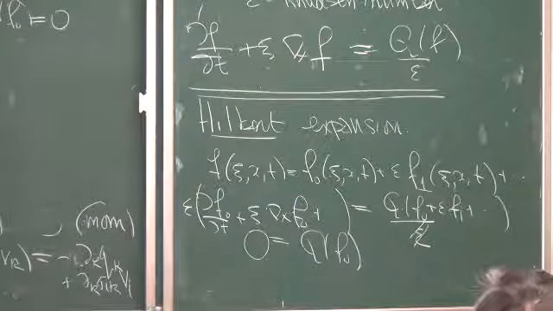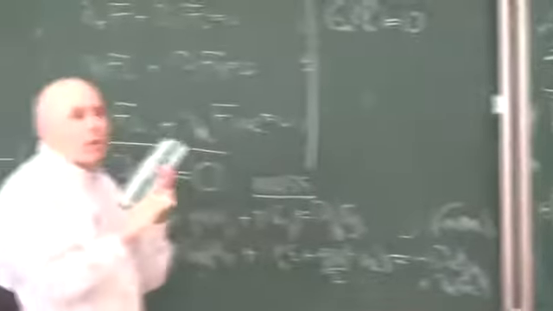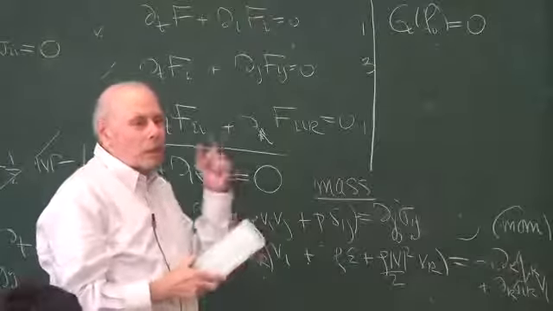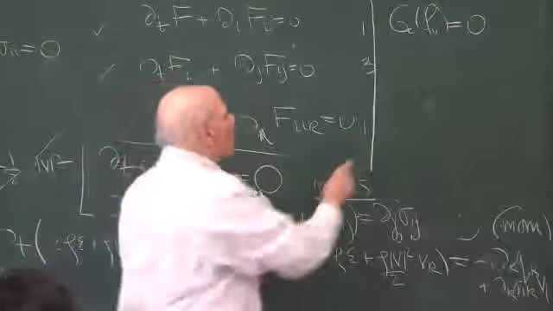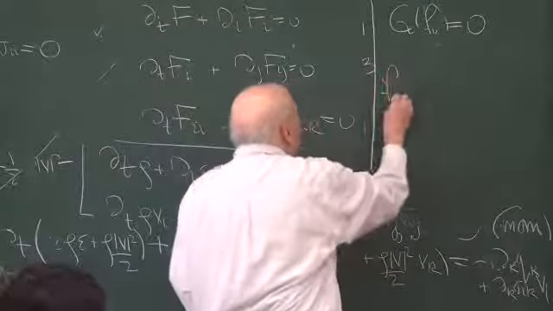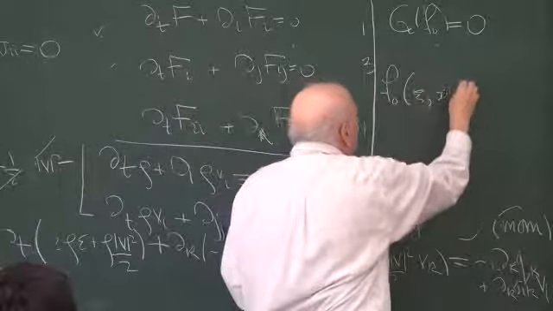But I told you, there are only two places where we use the form of the collision operator. The rest of the technical stuff is irrelevant. All we needed to know was the collision invariance and the solution of q of f0 equals 0.